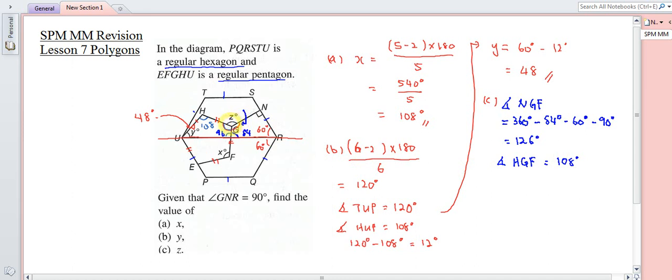Now if you want to get the z, no problem, because a full turn will be 360. z will be equal to 360 minus 108 minus 126. So the answer is 126 degrees.